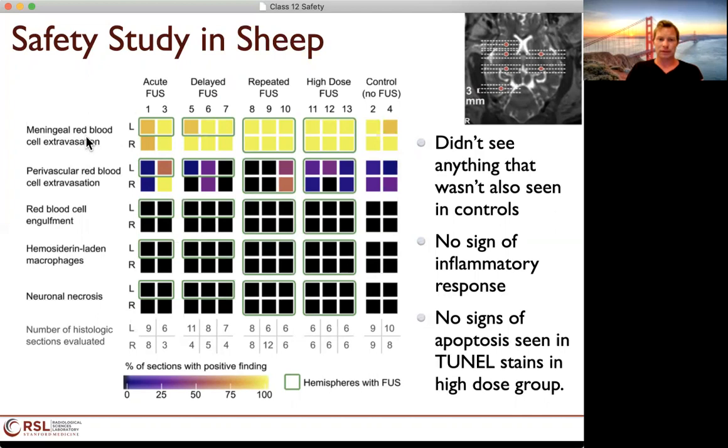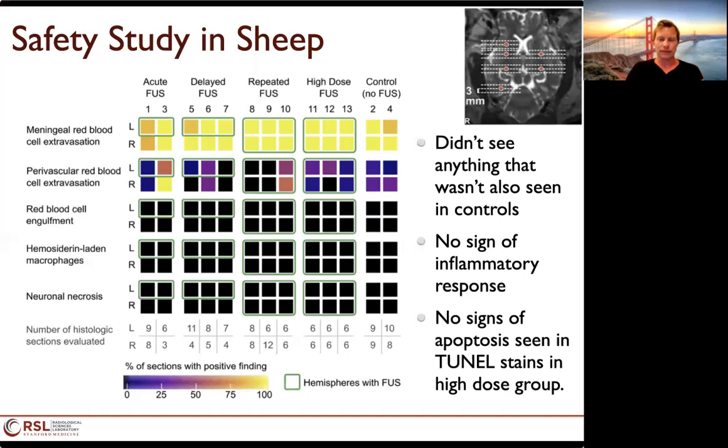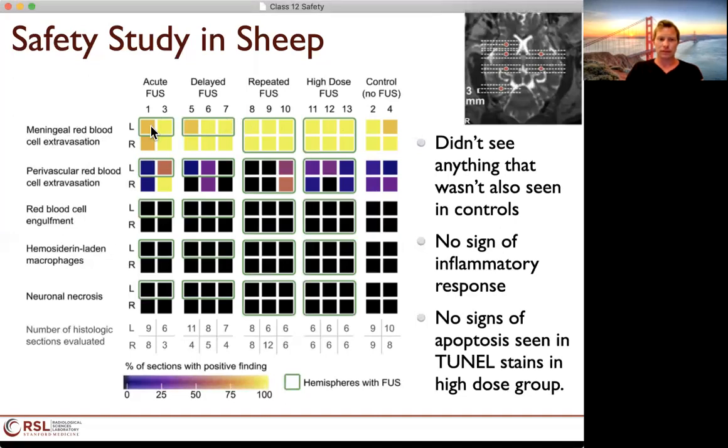The top row is red blood cell extravasation, and we did see that in all of the sheep. This is red blood cell extravasation in the meninges, which are a layer on the outer part of the brain. We saw it in all of the groups that had sonications, as well as the 2 sheep that didn't have any ultrasound.